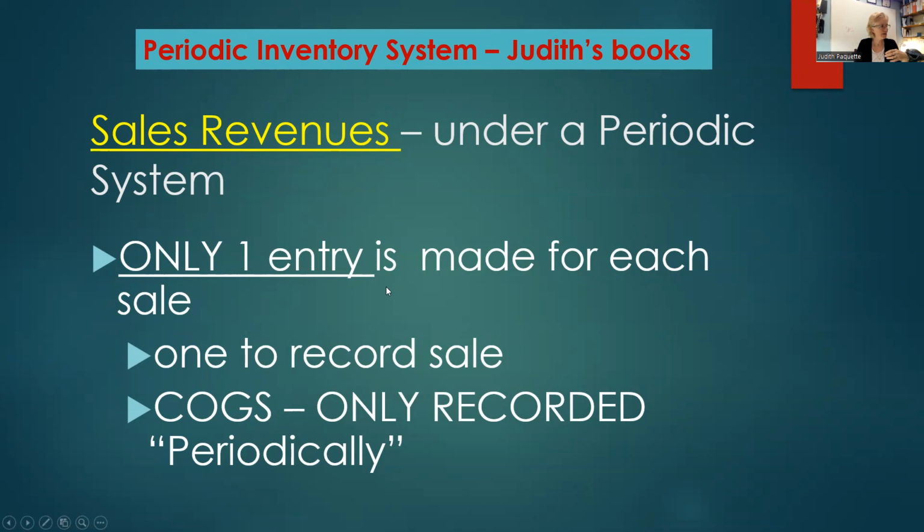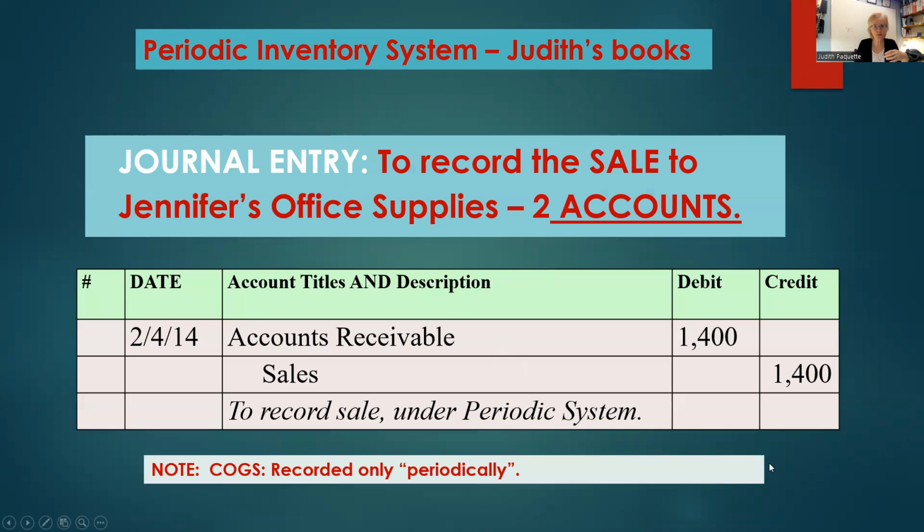Okay. So the sales transaction, the first two lines are the same, but because we're not perpetually tracking inventory, we don't do that second set of journal entries. Because periodic means cost of goods sold is only recorded periodically. We don't record it at the point of sale because we don't know what it is.